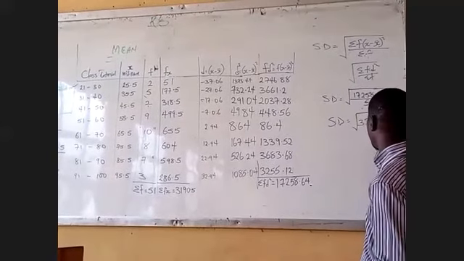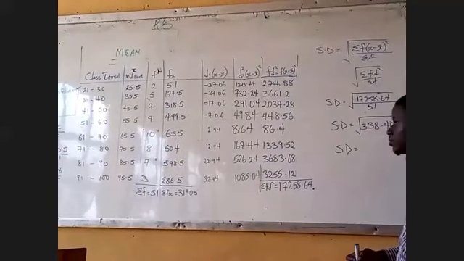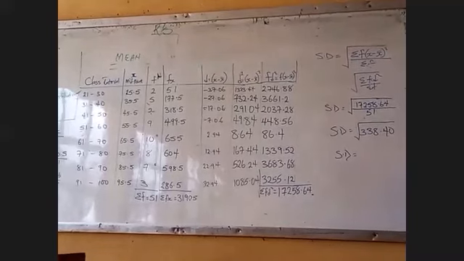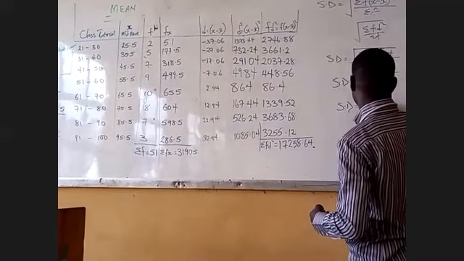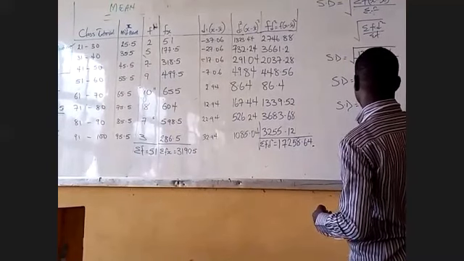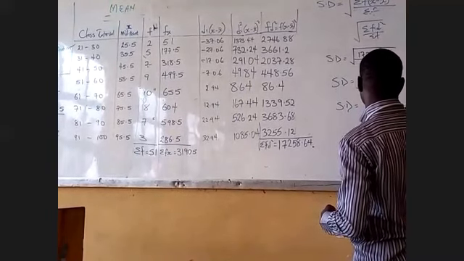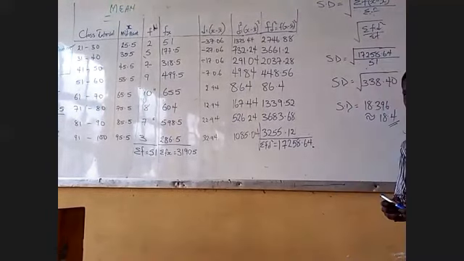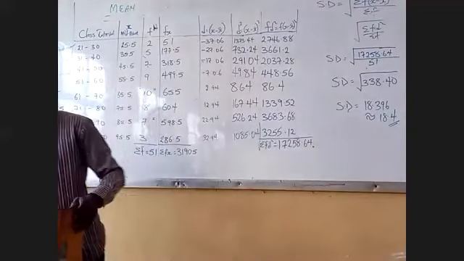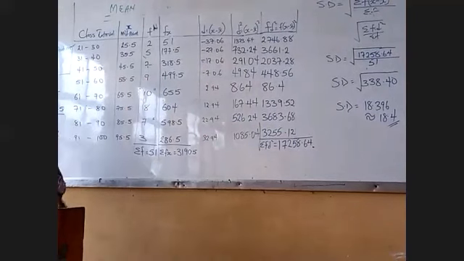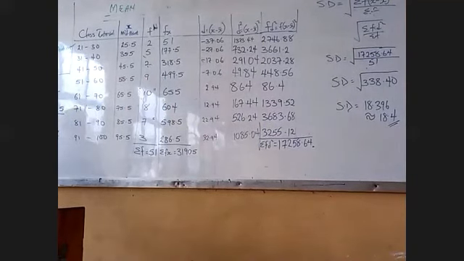Okay, so find this one. It's 18.390, so we can simply say 18.4, and that's the standard deviation. I hope the process is gotten by everyone. Note, the value here might not be correct, but getting the process of how it is done is the main thing, right? All right, so can we move on?